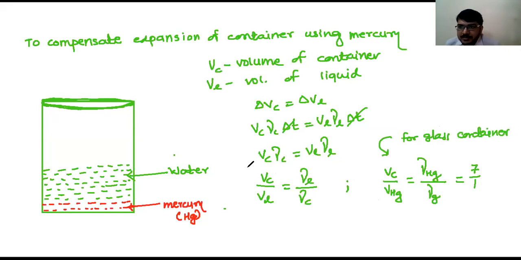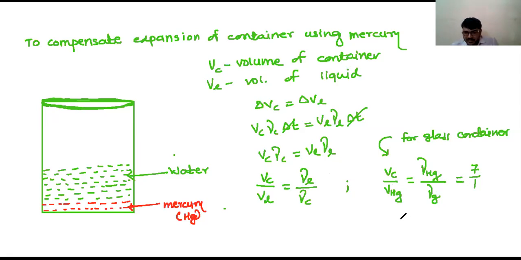Okay, see properly. Vc by V of liquid, from this formula only: Vc as it is, and V of Hg, because I want this liquid expansion. At the place of gamma L, I have substituted gamma Hg by gamma of glass for the glass container, and that is equal to 7 by 1.